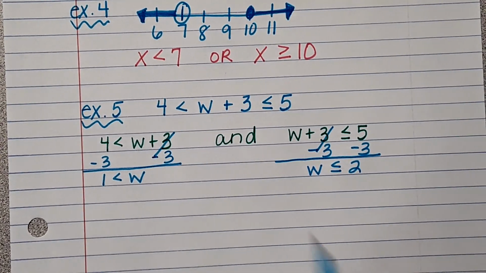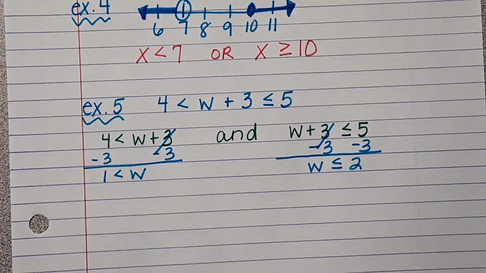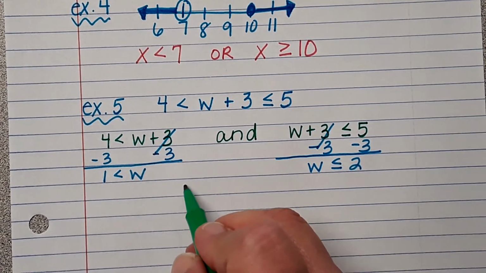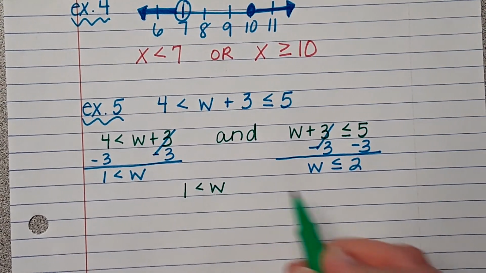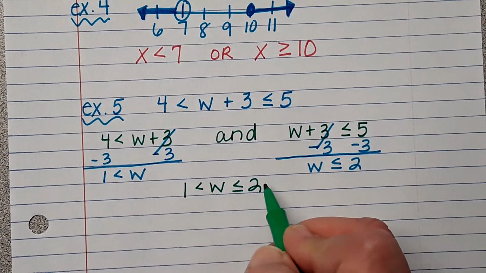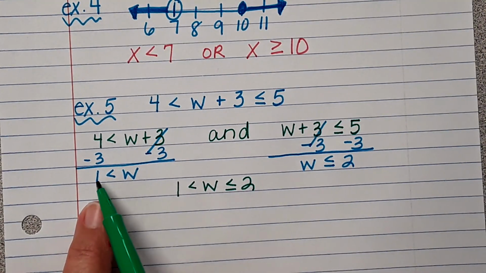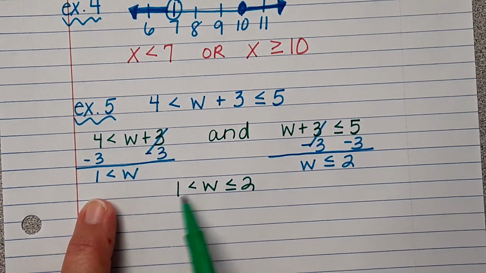Okay? So, how would we write that? See how W's in between? You're just going to leave it like that. You just combine. See? W's in between 1 and 2.